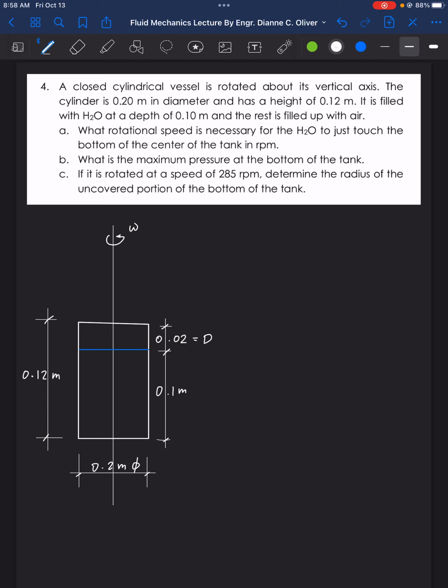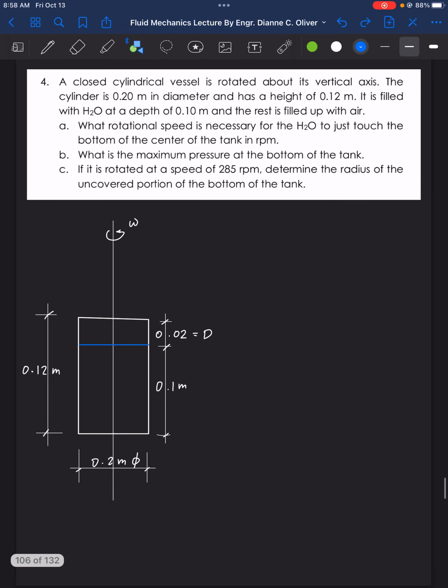Now for letter A, what rotational speed is necessary for the water to just touch the bottom of the center of the tank? So the rotation will cause the water to just touch the bottom of the tank, here.